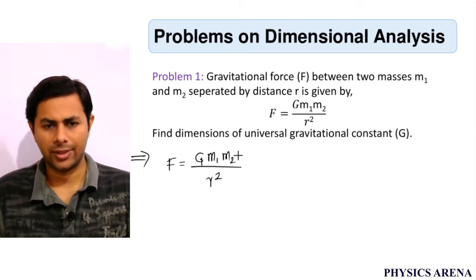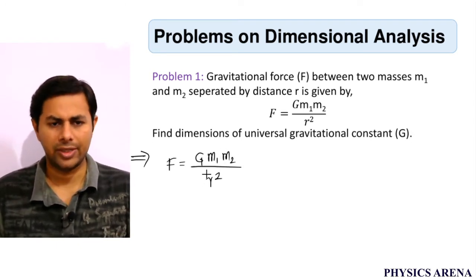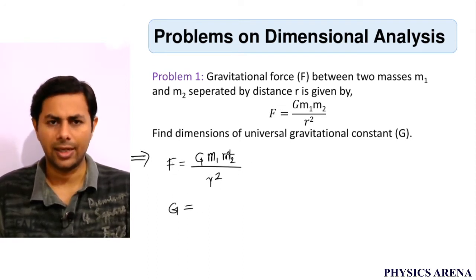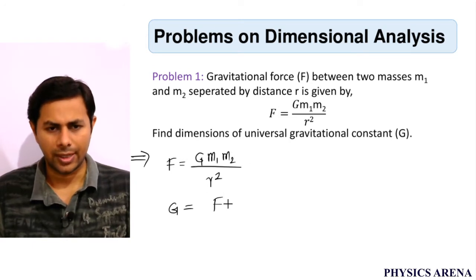So let's take all the other terms to the other side of the equation. We get G equals F times r squared divided by m1 m2.